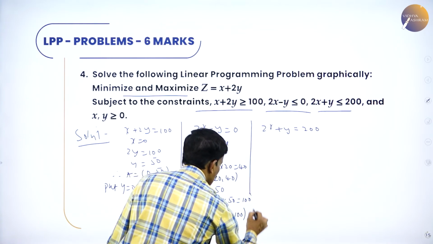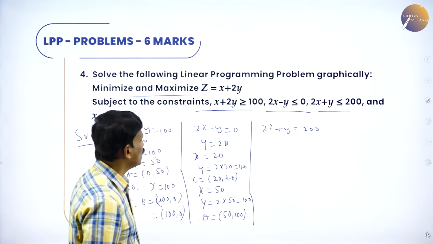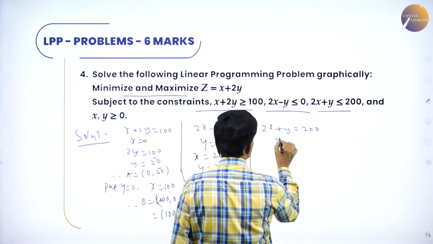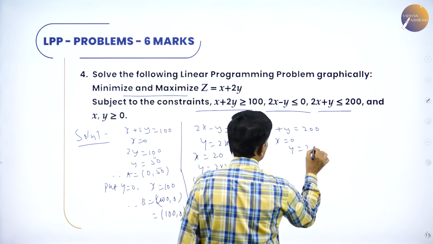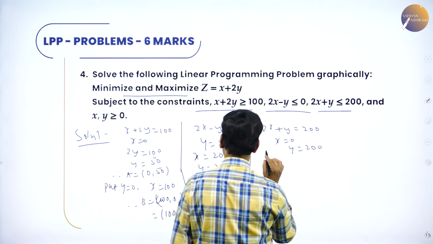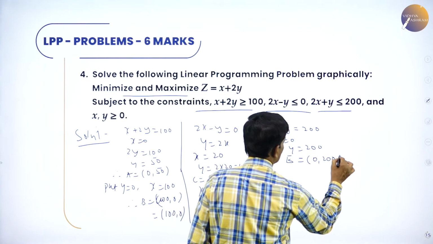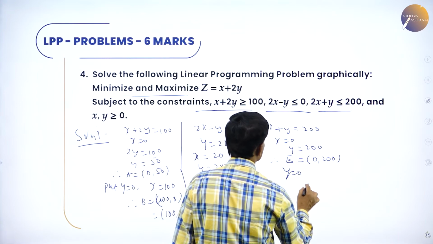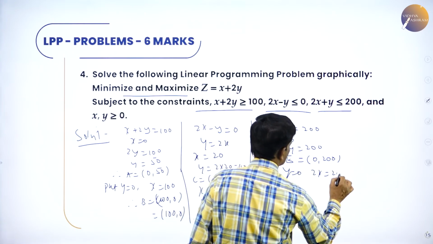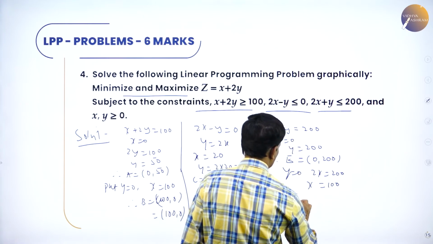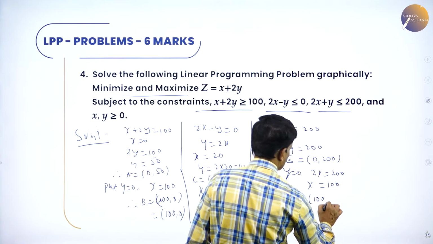Okay. Now let us come to the third equation. Here also 2x plus y is equal to 200. Put x is equal to 0, y is equal to 200, therefore the point E is 0, 200. Now put y is equal to 0, you will get 2x is equal to 200, x is equal to 100, F is 100, 0.